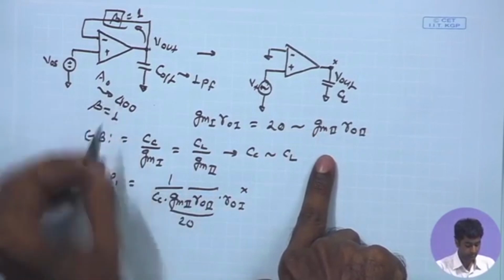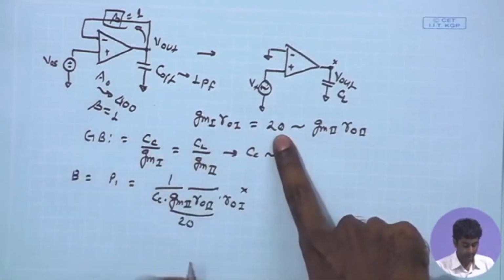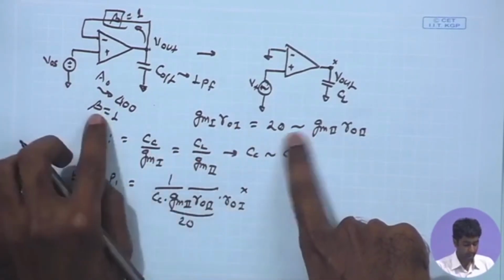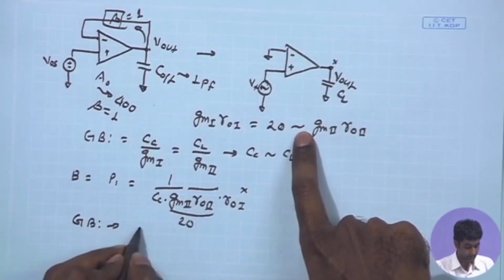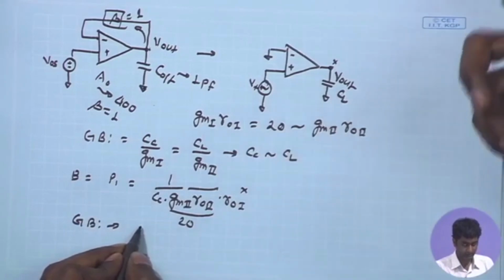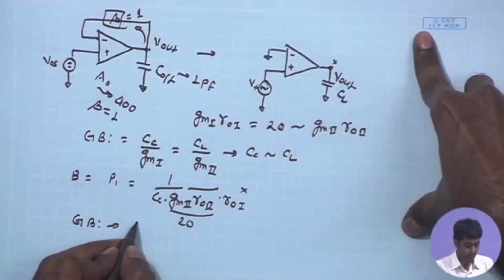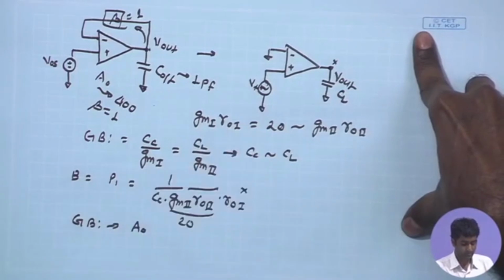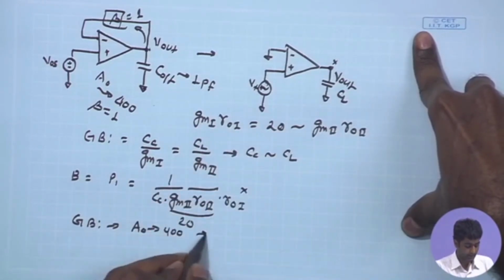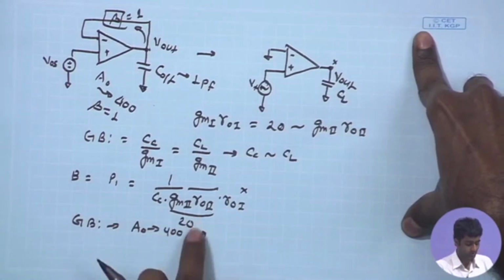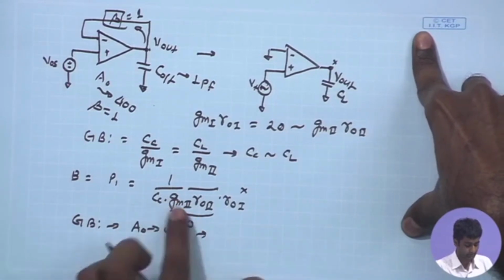Remember, the overall product we are saying is anyway 400. The open loop gain is remaining the same, which is the product of these two, 400, and we have the overall bandwidth given by this quantity.